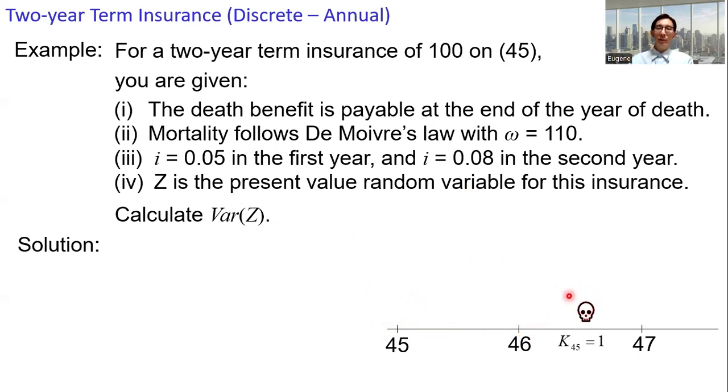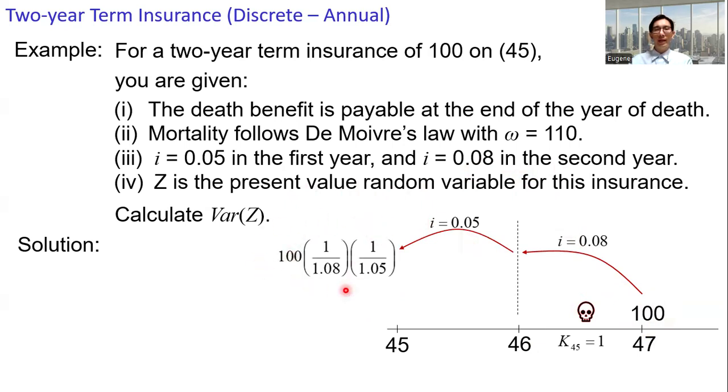If the individual dies between ages 46 and 47, the insurer pays 100 at this time point. The present value: in the second year, i is 0.08, and in the first year, i is 0.05.